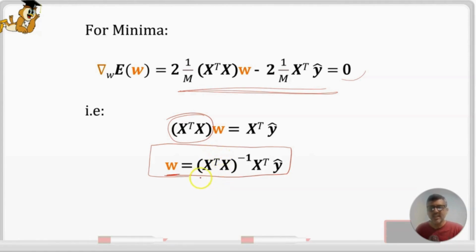The right hand side are things that you know. Okay, so x is the matrix that we saw earlier. It was the matrix of the inputs for the training points, right? So x is a known quantity.